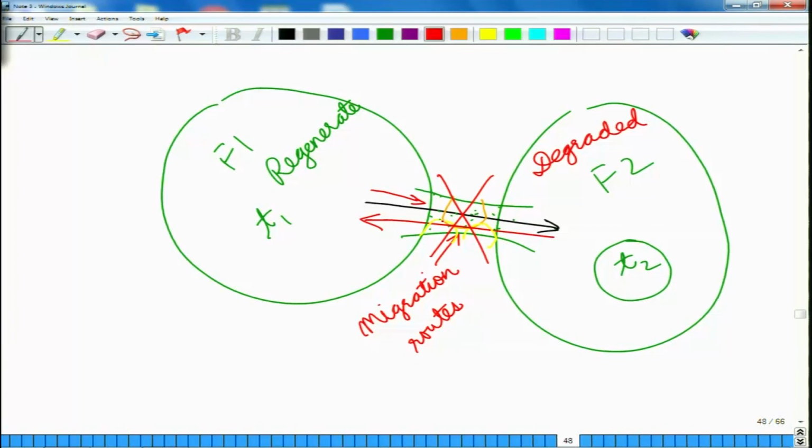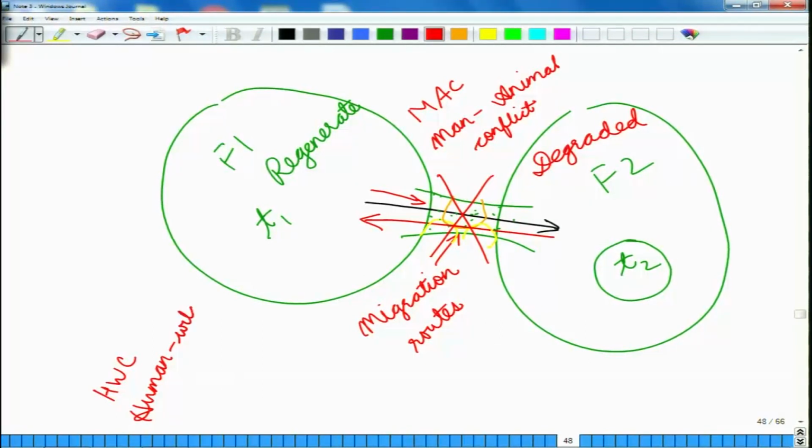Whenever the elephants enter into these areas, we have situations which we call MAC, or man-animal conflict. These days, we also use another term, HWC, which stands for human-wildlife conflict.